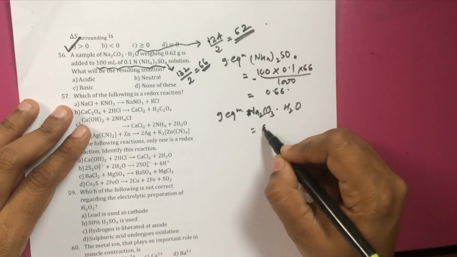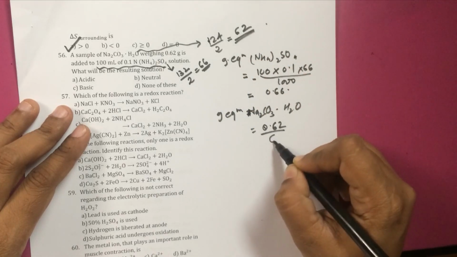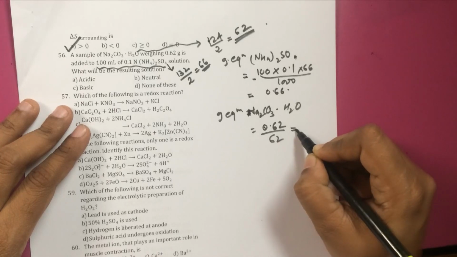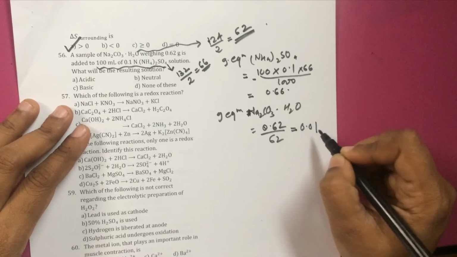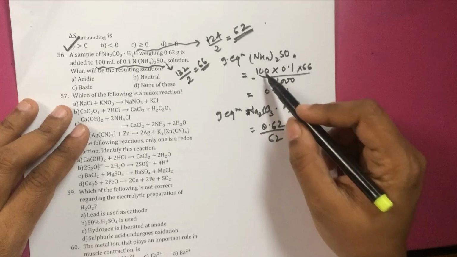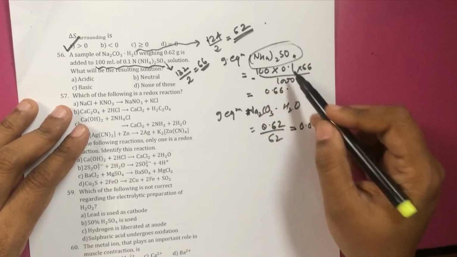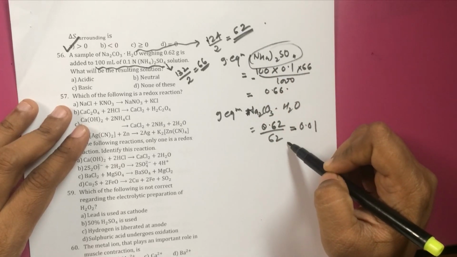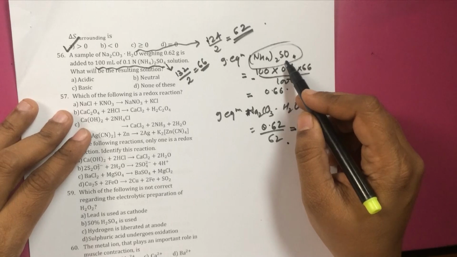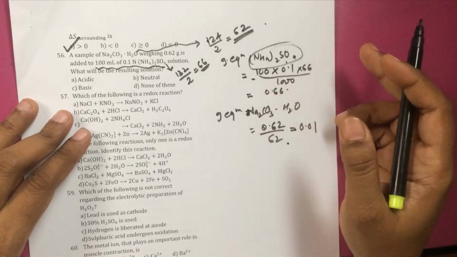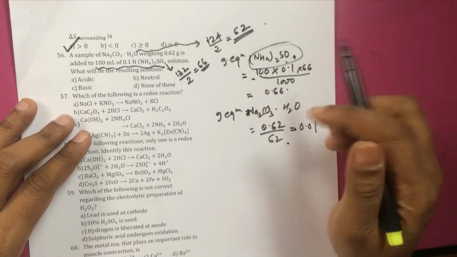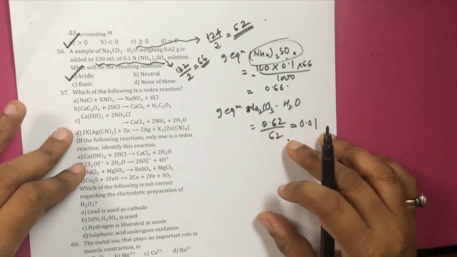Therefore, over here we get 0.62 divided by 62, that is equal to 0.01. So, if you see, the ammonium sulfate is more than the carbonate, and ammonium sulfate is the salt of a strong acid and a weak base. Since it is a strong acid, the solution will be acidic in nature.